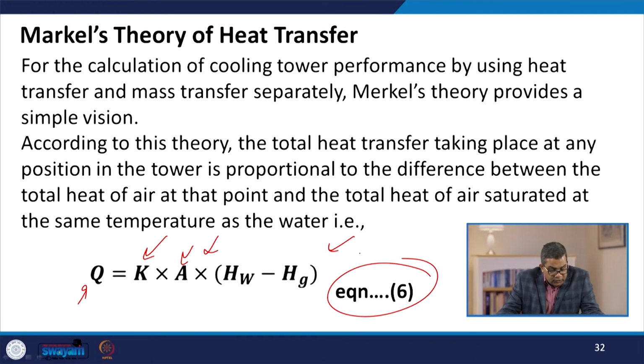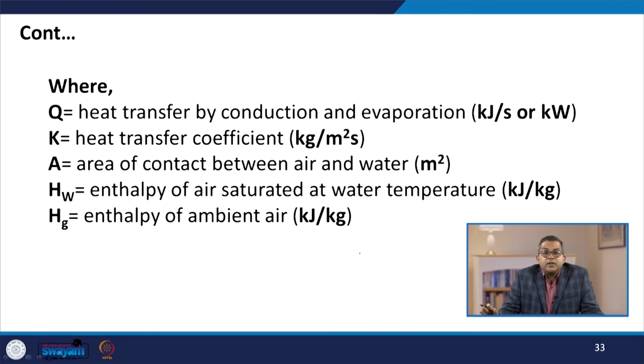Now, here Q is the heat transfer by conduction and evaporation, expressed in kilojoule per second or kilowatt. K is the heat transfer coefficient having the unit of kilogram per meter square second.